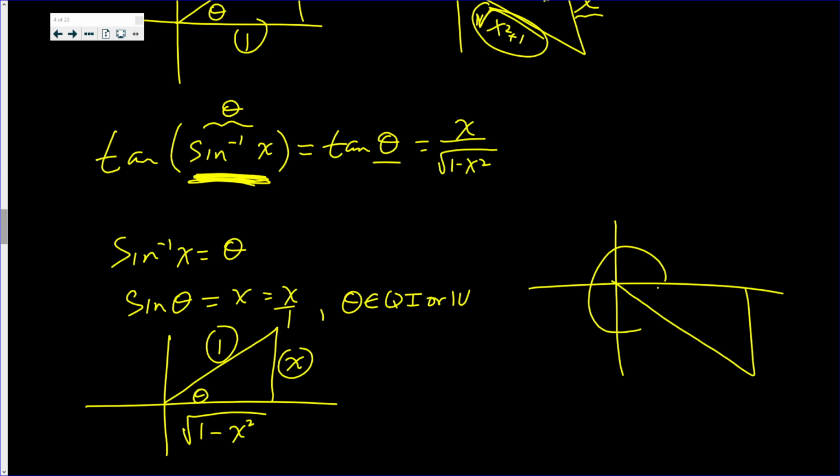I always call this theta, but really this angle is theta. Now, we know that the sine of theta is x over 1, but we can use this reference angle. Opposite over adjacent, x over 1.